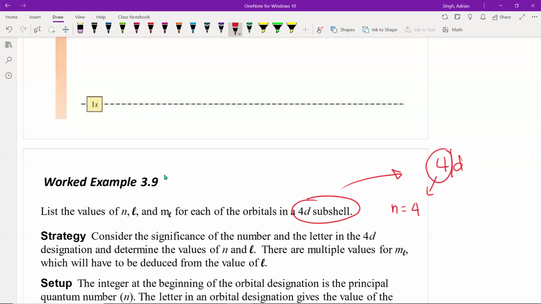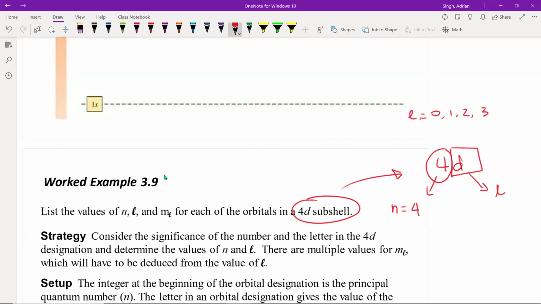Now the d designation itself, right, where does that come from? Well, that is the L designation. So for n equals 4, remember now L can be anywhere from 0 to n minus 1. So 0, 1, 2, and then we have 3, right?